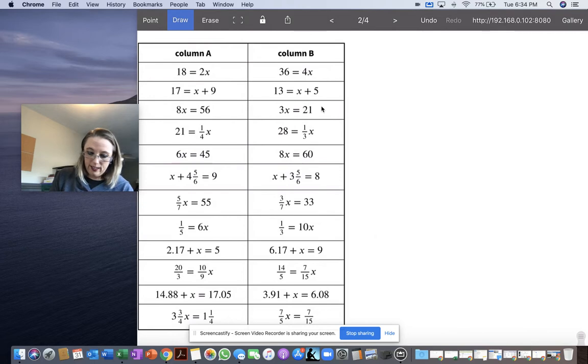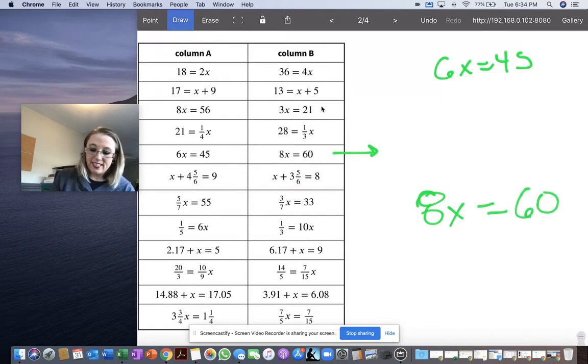Okay, 6x equals 45. 8x equals 60. Okay, same thing. Here we go again. Held by multiplication, so you got to divide. Okay, you can do that math, right?